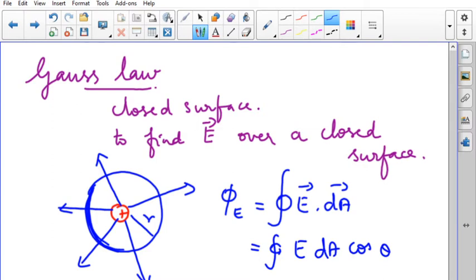The electric field is directed radially outward at all the points. Therefore, what is the value of theta?